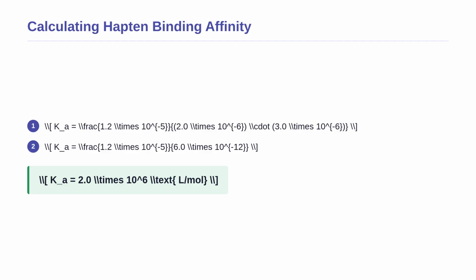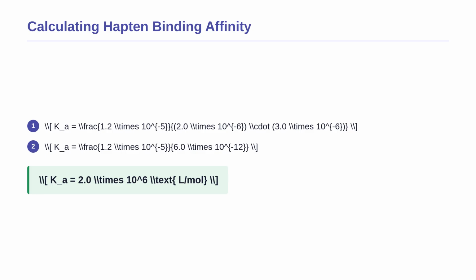Now that we have seen the formula, let us apply it to a real laboratory experiment. We are given the equilibrium concentration of the bound complex as 1.2 times 10 to the negative 5 molar. The free hapten is 2.0 times 10 to the negative 6 molar, and the free antibody is 3.0 times 10 to the negative 6 molar. We want to find the binding strength.